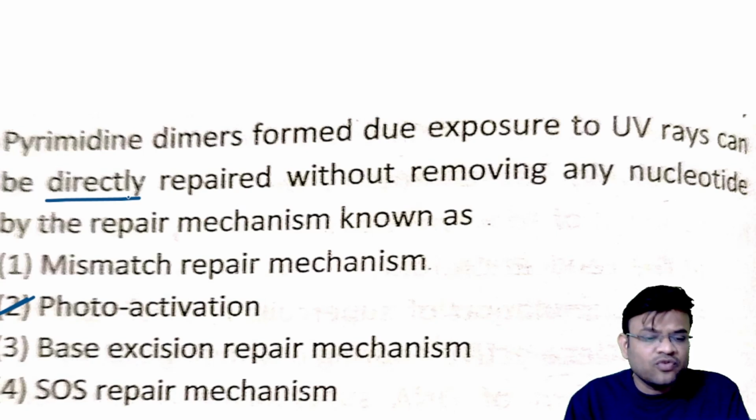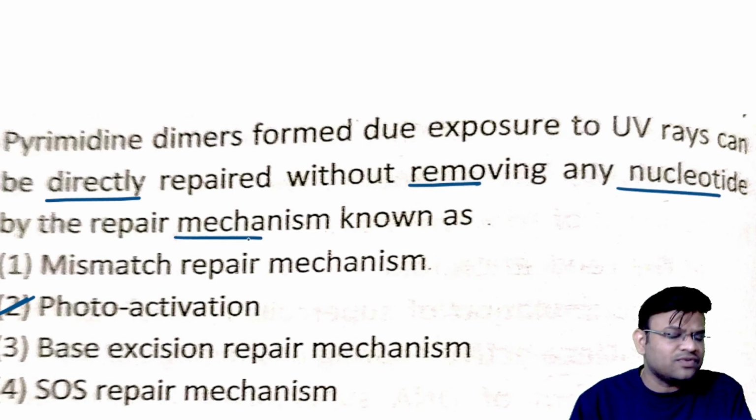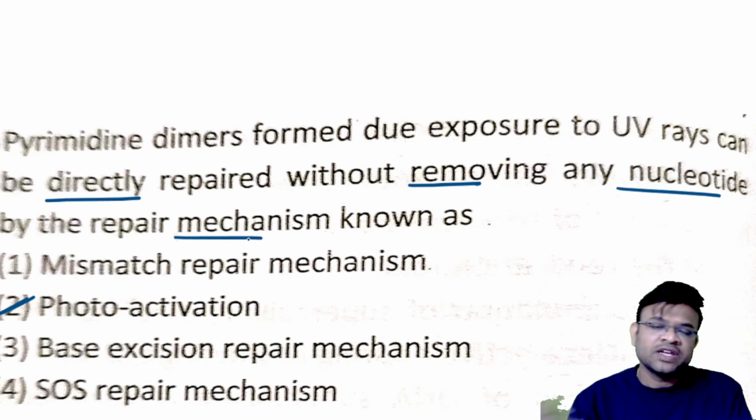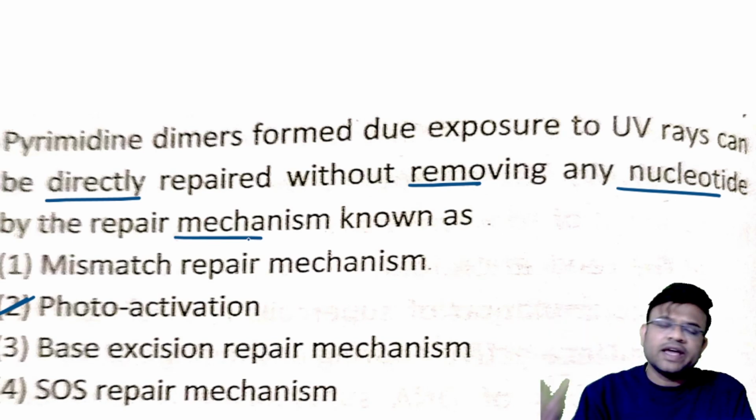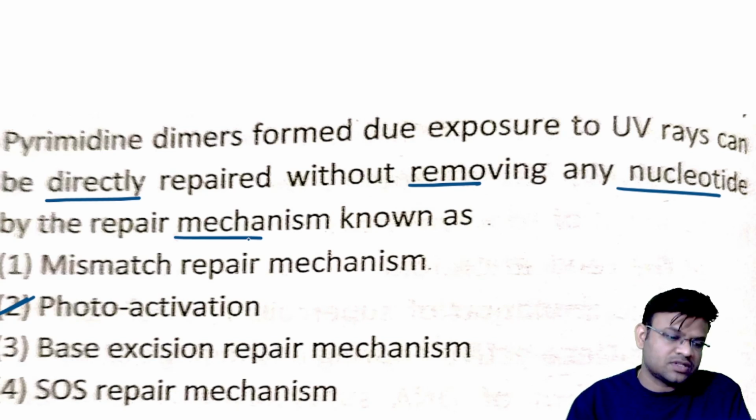So we are not removing any nucleotide, we are not breaking any bonds. The repair happens without removing any nucleotide or breaking any phosphodiester bond. So this is called the photoactivation process.